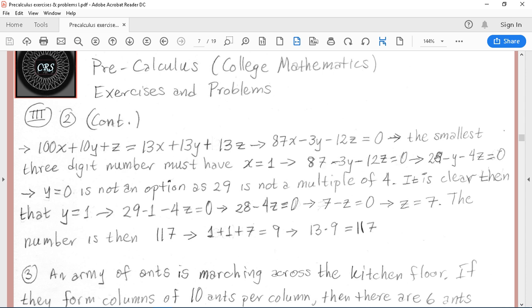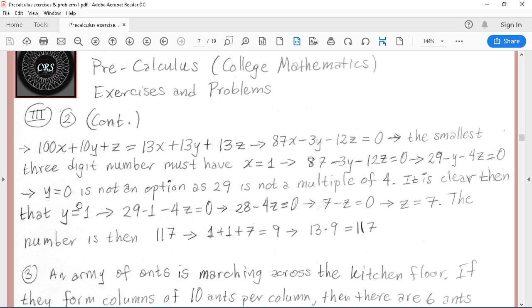Factoring out the 3, we have 29 minus y minus 4z equals 0. Now, what happens if we assume that y is 0? Then we are left with 29 minus 4z. So y equals 0 is not an option because 29 is not a multiple of 4.